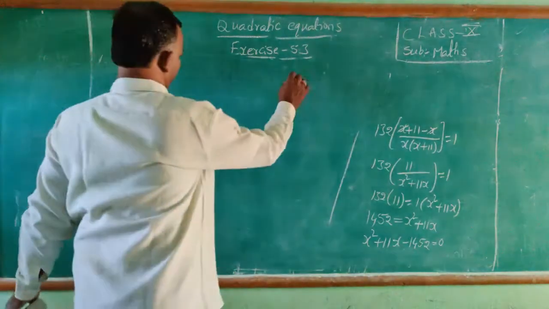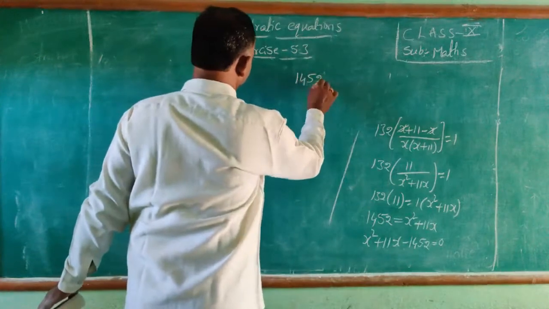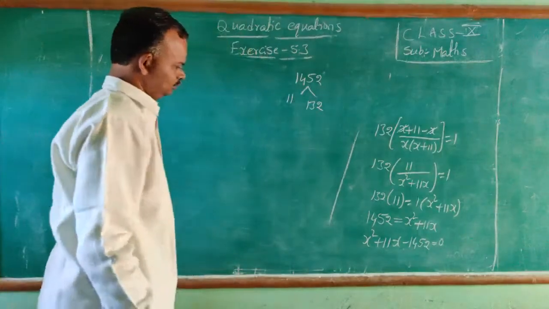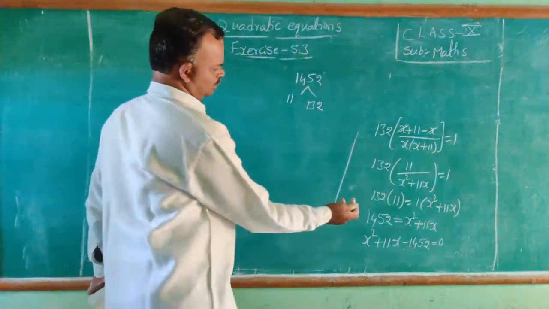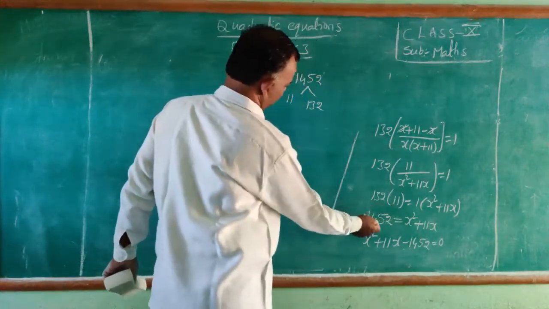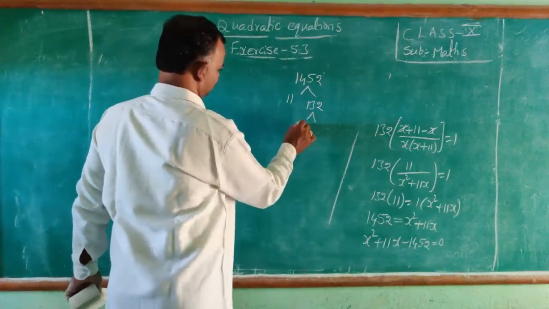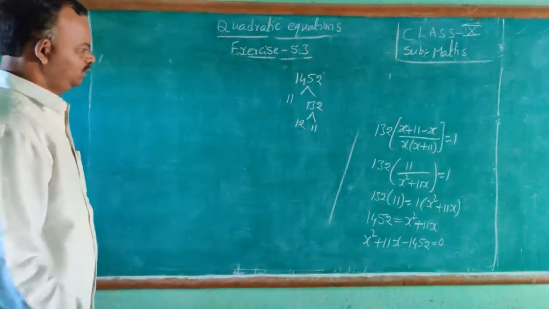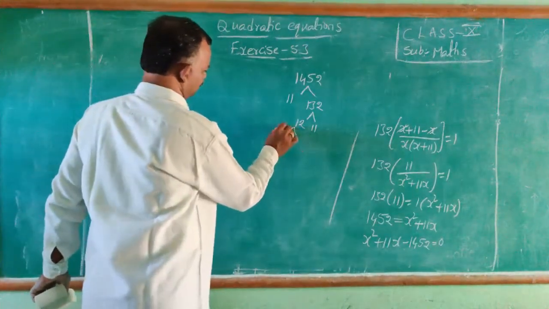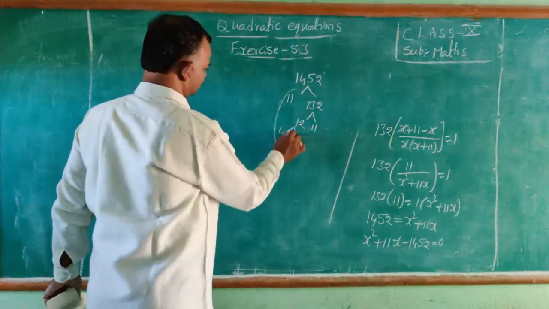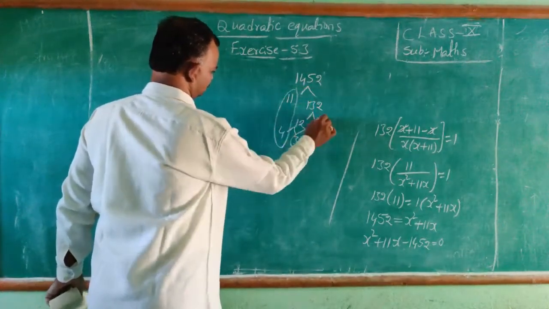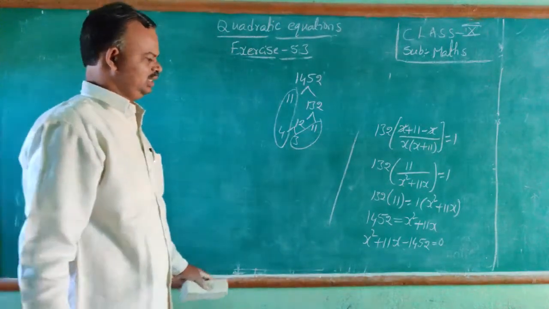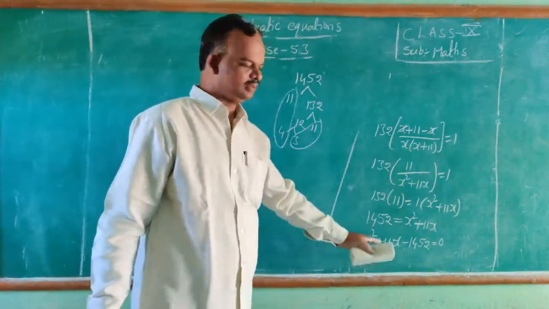The factors of 11 into 132, 1452: 11 into 132, again 12 into 11. So the values are 44 and 33. 44 minus 33, so the value is 11.